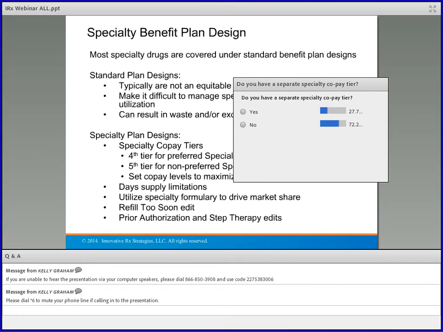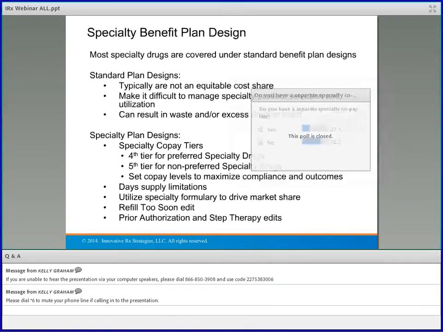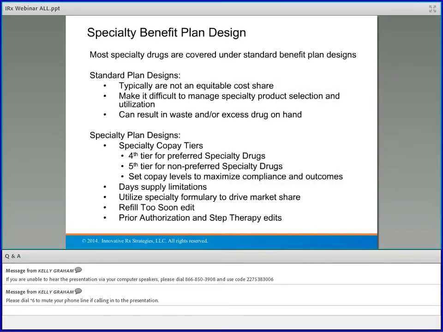One of the key things to think about is, if I have a $40 preferred brand copay and I want to move that up to $100, that extra $60 the member is going to pay for that medication, what will that do to their compliance? If someone is only making $30,000 or $40,000 a year, can they afford that extra $60 a month for medication? Or will they think, gosh, I don't know if I can afford to do that anymore?